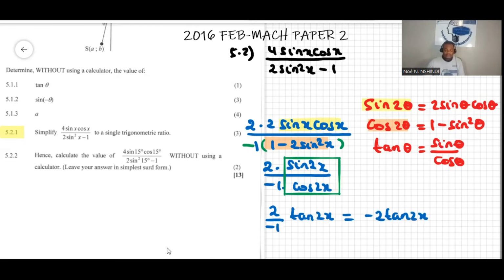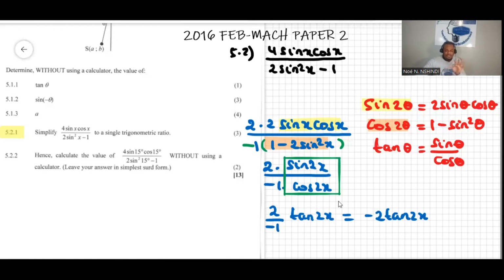Okay, and then the following question says, hence calculate the value of 4 sine 15 degrees cos 15 degrees over 2 sine squared 15 degrees minus 1 without using a calculator. Leave your answer in the simplest form. This is question 5.2.2.